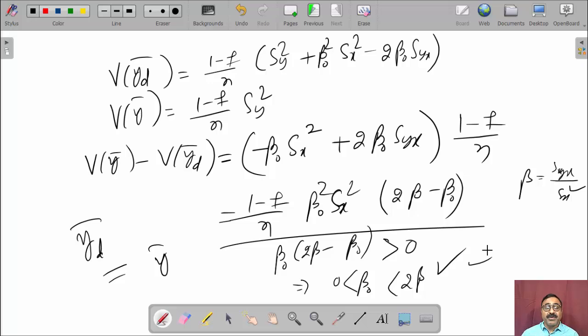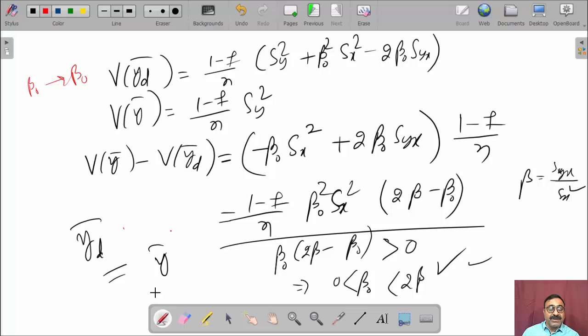So from the above we have seen that if beta 0 is close to beta, then the variance of the difference estimator y_D bar will be close to its optimum variance.